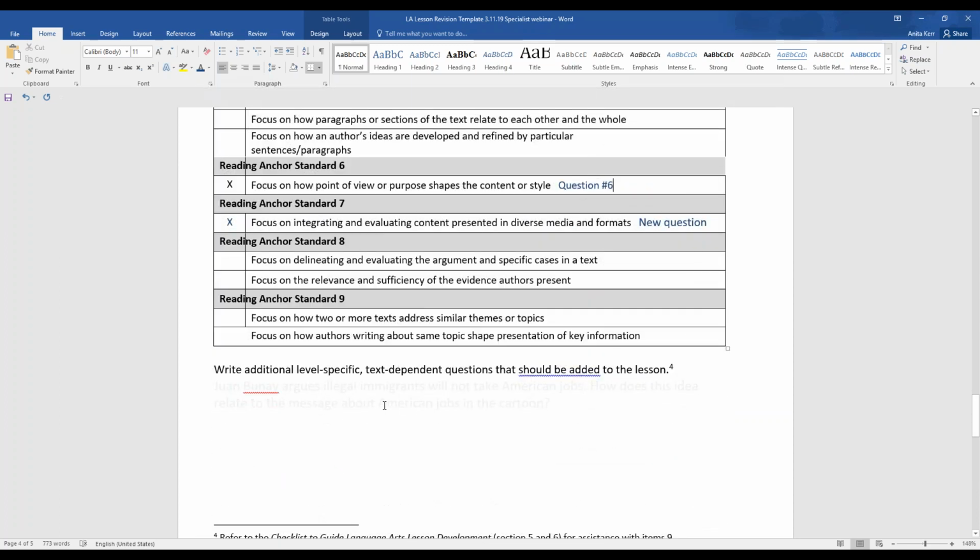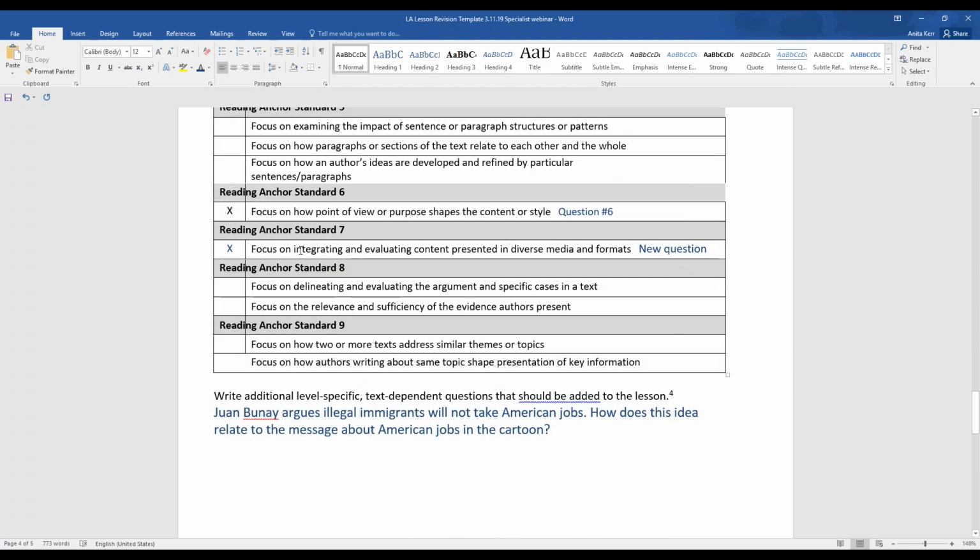So one thing that could happen, and I wrote this question and you guys can see what you think. I was looking at this integrating and evaluating content in diverse media, and I wrote this question down here, meaning they have to relate the article to the cartoon. How does the idea in the article relate to the message in the cartoon?